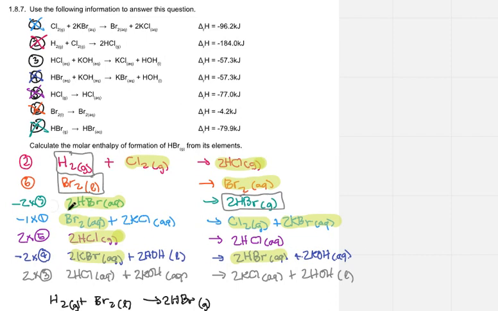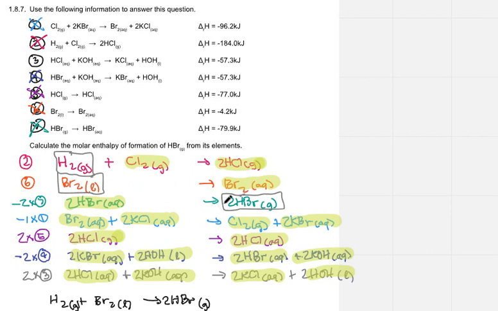Please let everything cancel now. All right, 2 KCl's, there and there, 2 HCl's, there and there, 2 waters, there and there, 2 KOH, there and there. Everything has canceled except the stuff we wanted, 1 hydrogen, 1 bromine, and 2 HBr's.